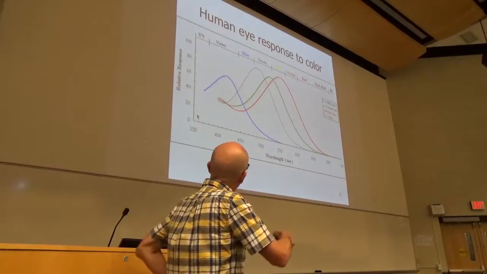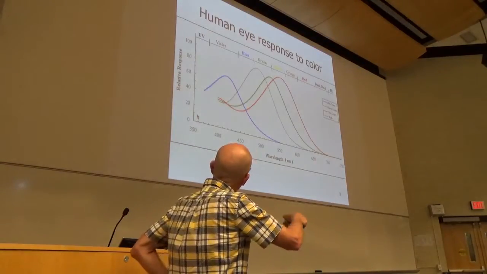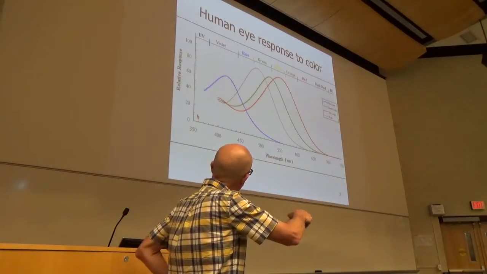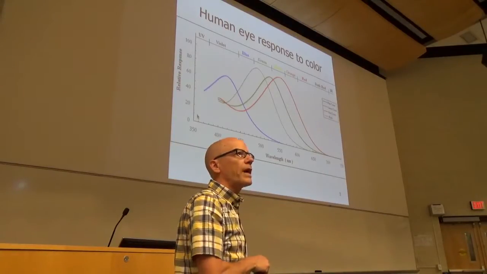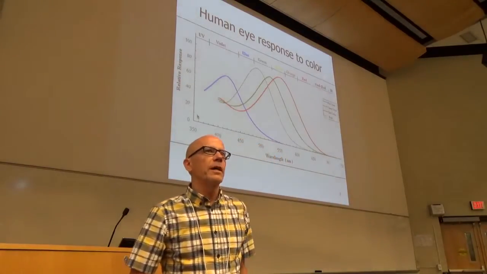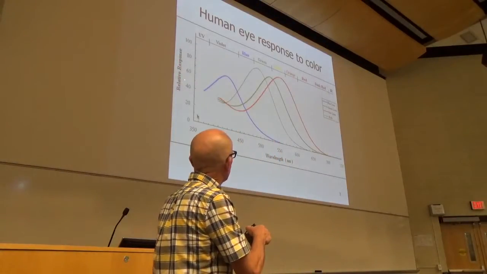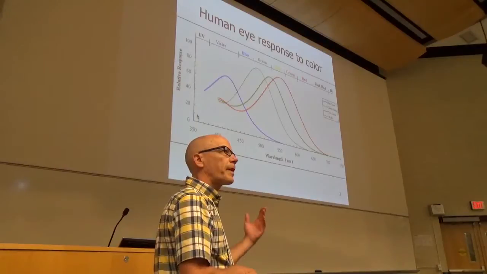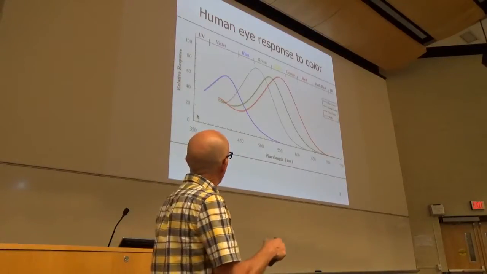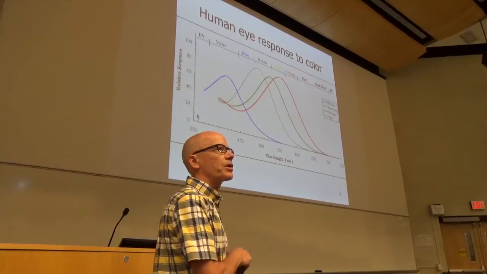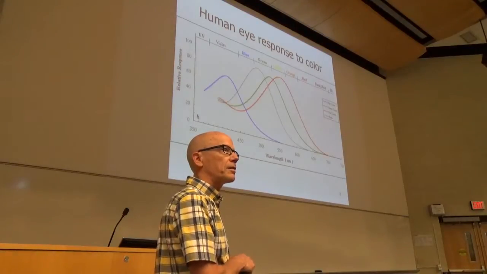So I'll do more about the spectrum, but here I'm introducing this concept of the spectrum, the wavelength of the light, a property of the light, and in this case, a relative response to light. So if it's higher up on the graph, it's more sensitive to that particular color.